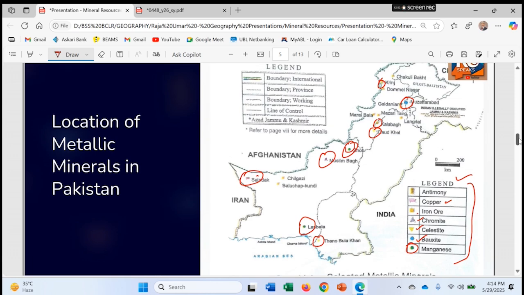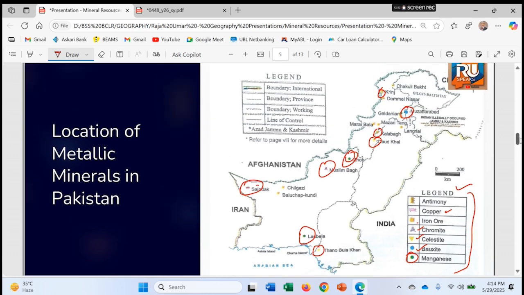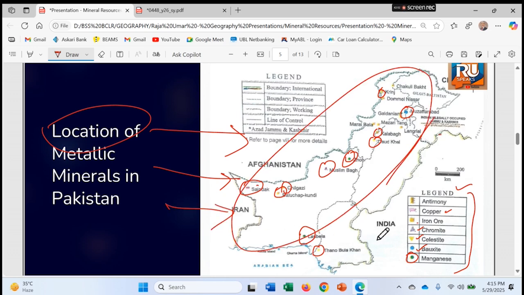So these are the metallic minerals which are available in these areas, and here you can see the other minerals as well. Like iron ore is also available over here, and Jagi Hills again, the metallic minerals. So we have discussed the locations of the metallic minerals in Pakistan.